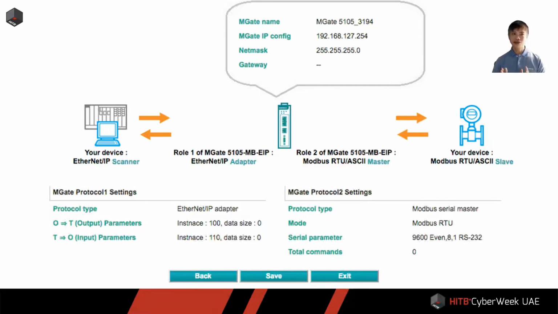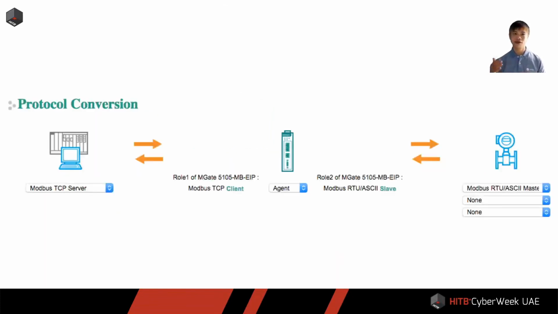Moxa has a very interesting implementation of Ethernet IP, which we are not going to talk about today. That might be subject to the next study. Today we are going to talk about Modbus TCP to Modbus RTU.